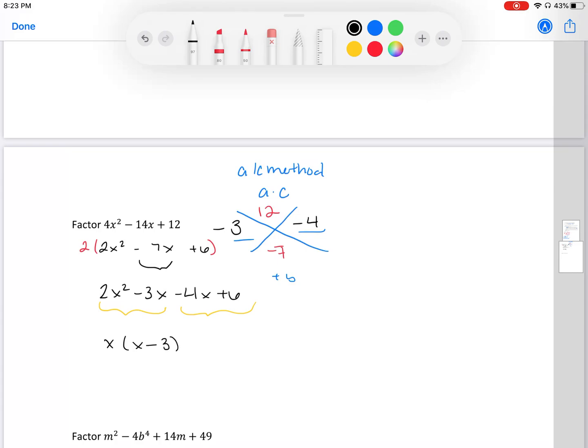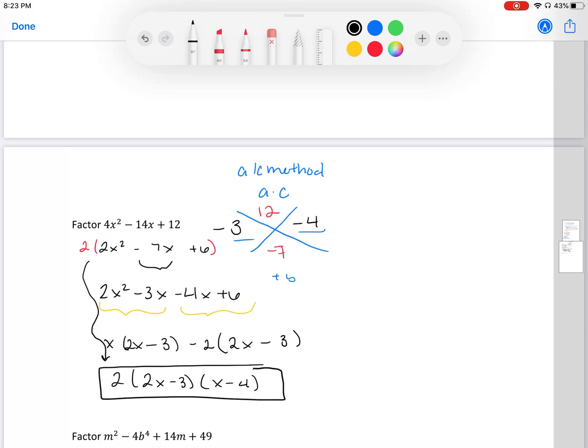For my last two, I can divide out a negative 2, so that we have x minus 3... oh, I had a 2 in the front here, so that we have 2x minus 3. We see we have the same thing in the parentheses. So we have 2x minus 3, and then we're left with the x minus 2. And we bring down our initial factor 2, because I need that. So when I multiply it all out, I get to my initial problem.